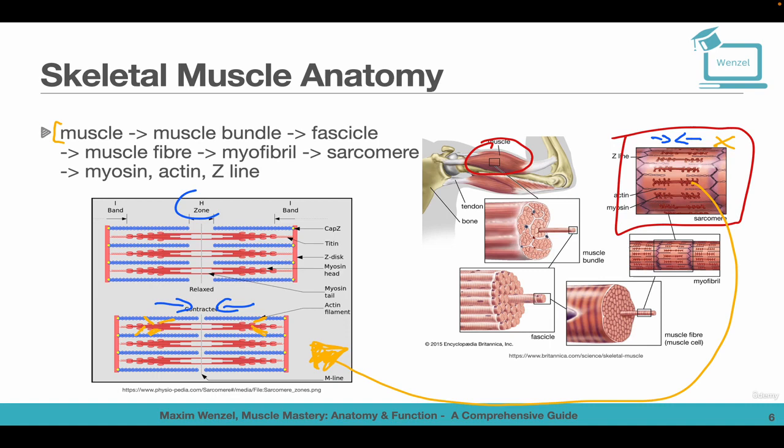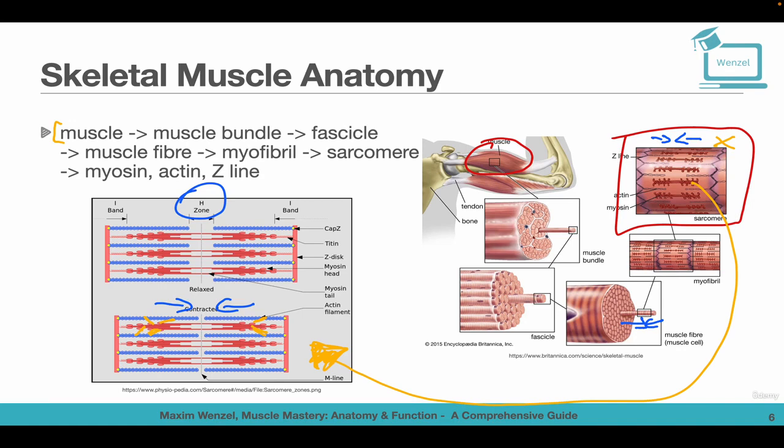So the H zone will be smaller, and every one of these little cells will contract for itself. And because this one is contracting, and this one is contracting, and this one is contracting, the entire muscle will contract.